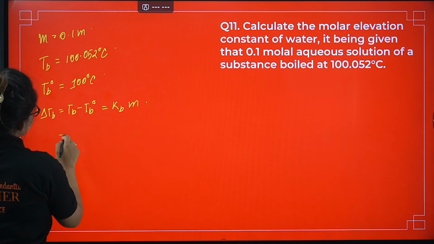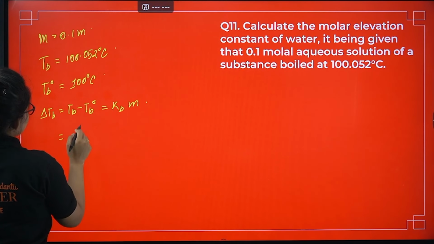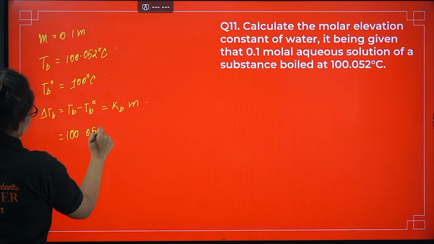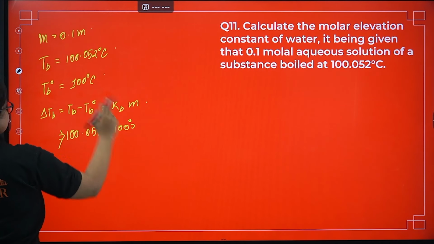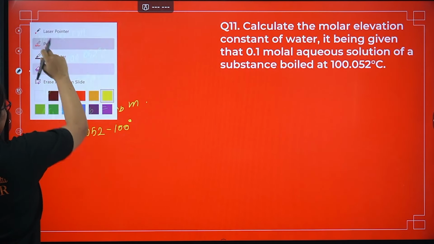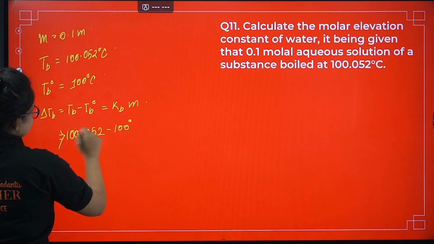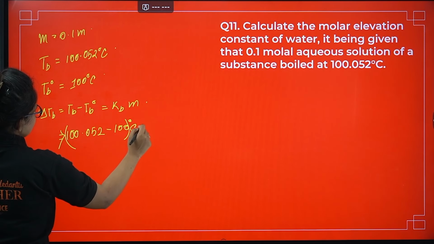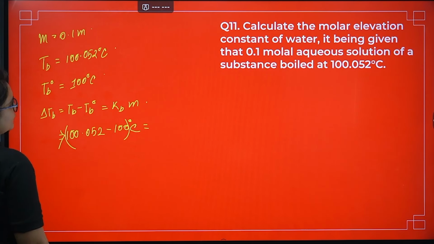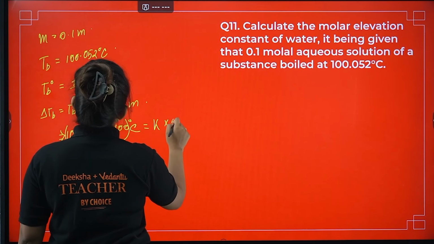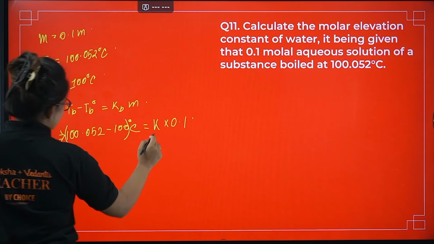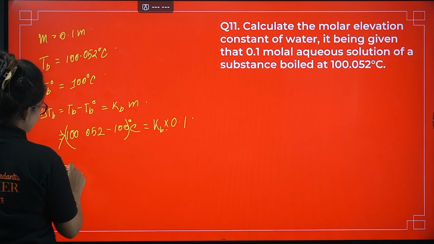So if we put the values here, 100.052 minus 100 degrees Celsius is going to be Kb into 0.1. Kb you have to find out, so if you calculate Kb from here, you will get the answer.